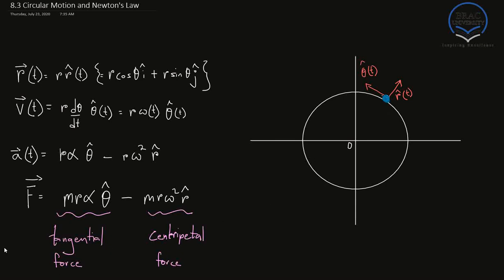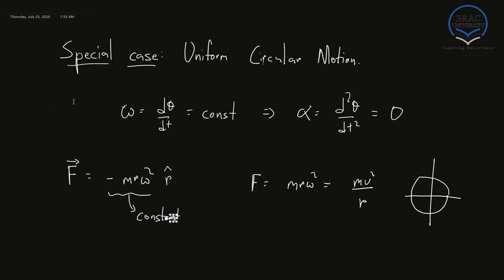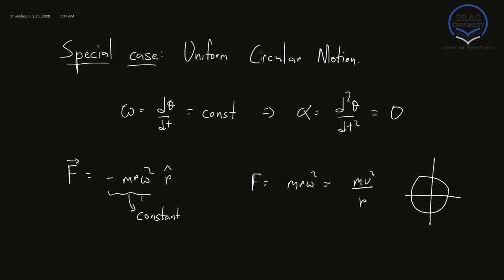At this point, it's helpful to think of the uniform circular motion case, the special case where omega equal to d theta by dt is a constant, such that the angular acceleration, d square theta by dt square, is clearly zero. In that case, the force vector is given by m r omega square r hat. The centripetal force would be constant in magnitude.